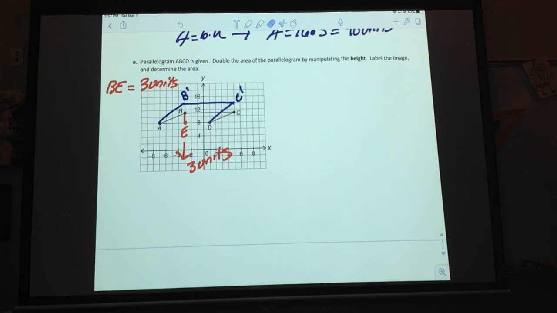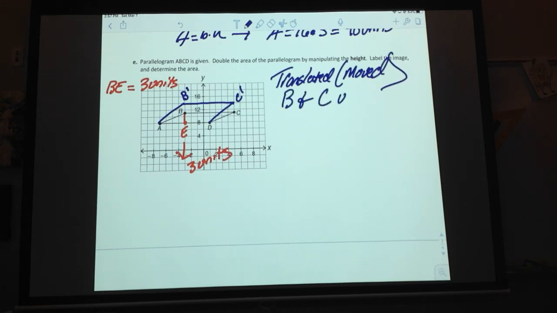Now remember, we knew we went up 3, right? So what I've done is that I have moved B and C up by 3 units. Okay?